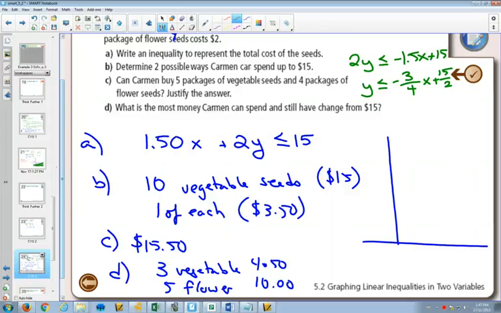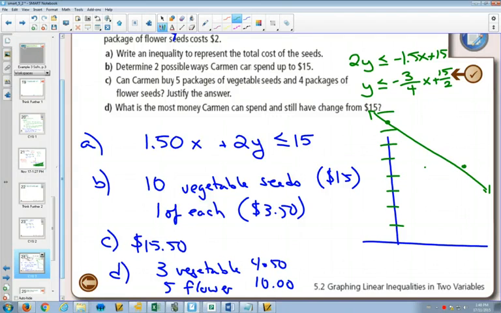Negative 3 over 4x plus 15 over 2. So if we had seven and a half as our y-intercept, and we would go down 3 over 4. This would be our line. According to our equation, it would say to shade below.